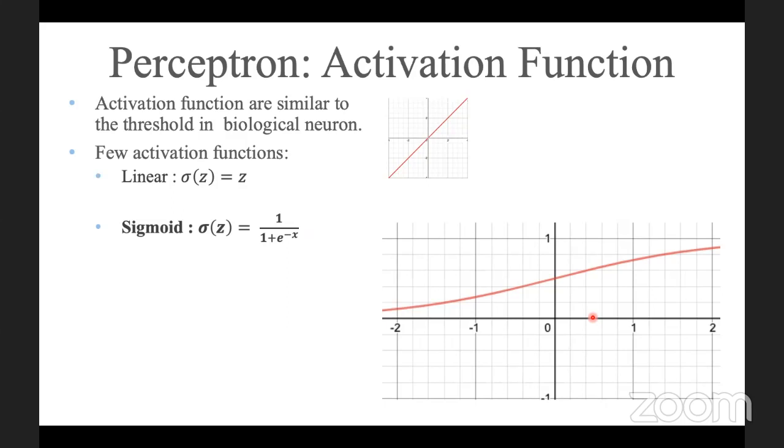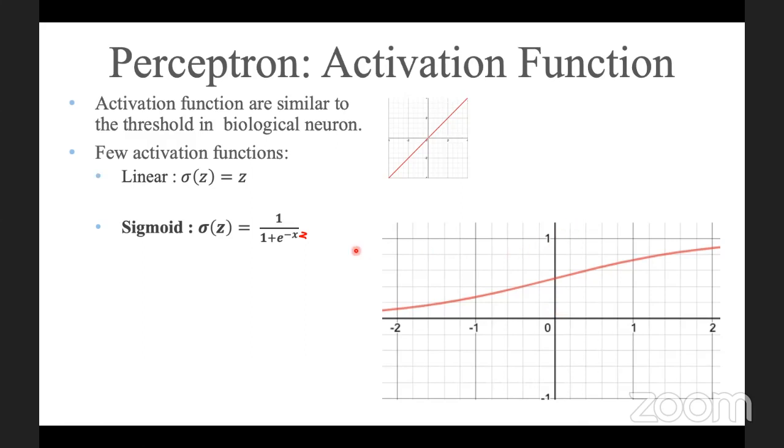A neural network can give any output, like a perceptron, basically. It can give any output like from 100 to 1000. X is a typo, it should be Z. So it will output a number between 0 and 1.